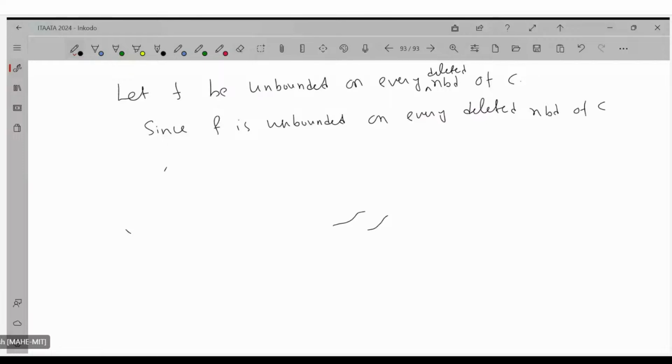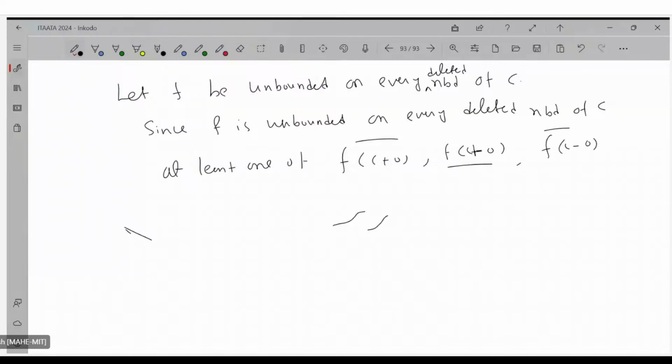So at least one of these 4, f of c plus 0 upper and lower, f of c minus 0 upper and lower, will be infinity or minus infinity.